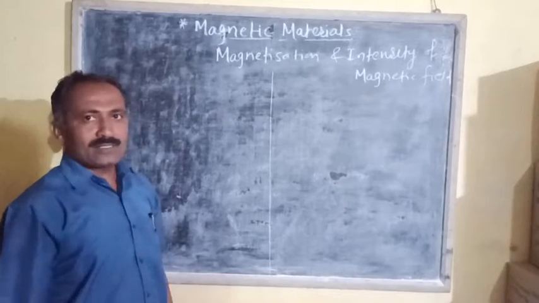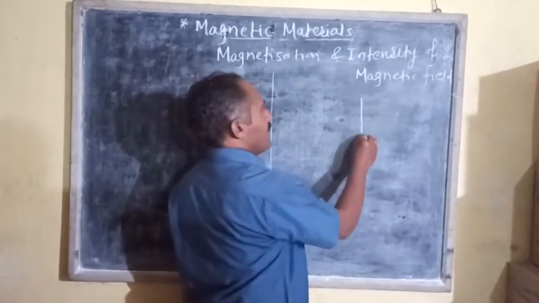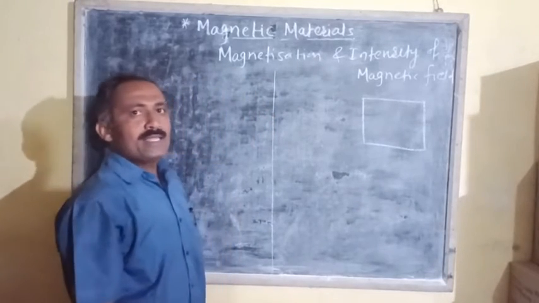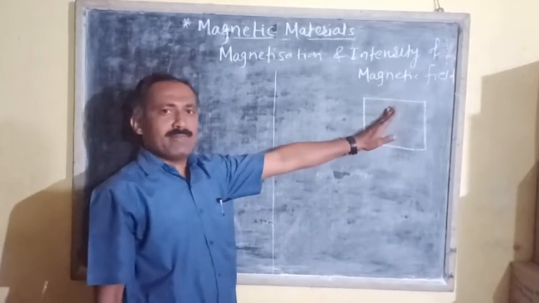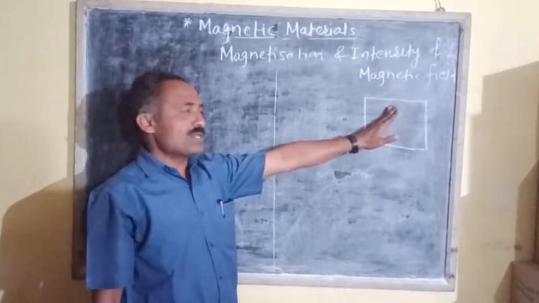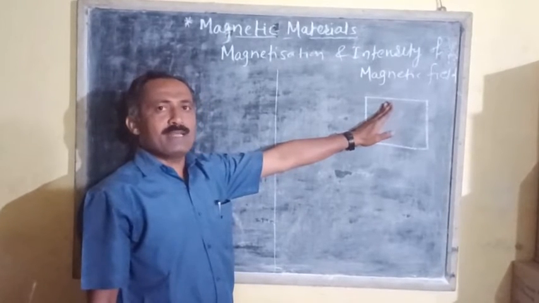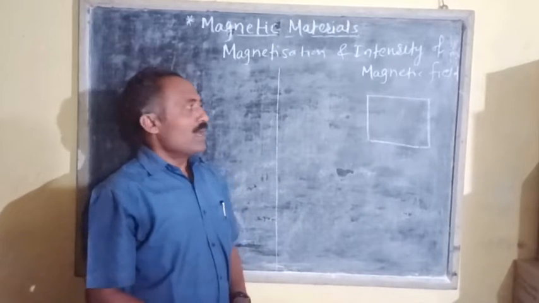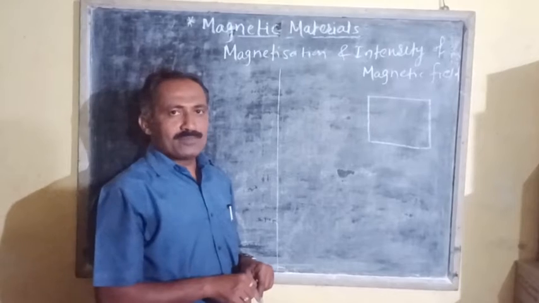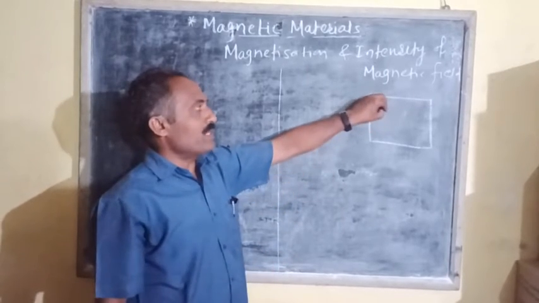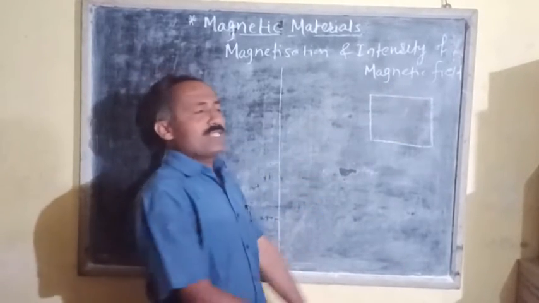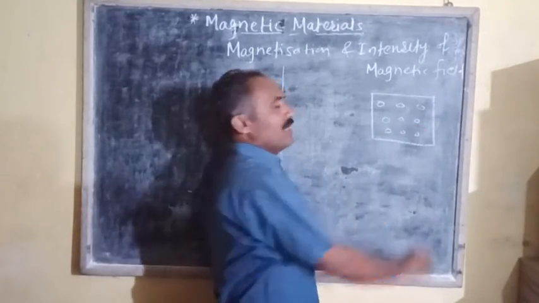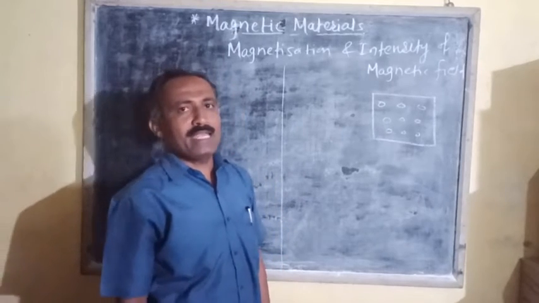As we know, the magnetic material is made up of a large number of atoms, and each atom has a net magnetic moment. In combined form, the magnetic moments of each atom add with each other, and the substance has the net magnetic moment.